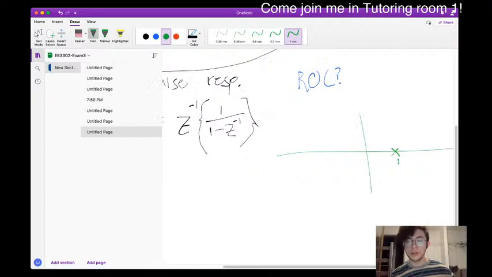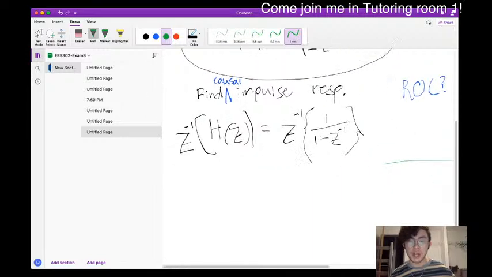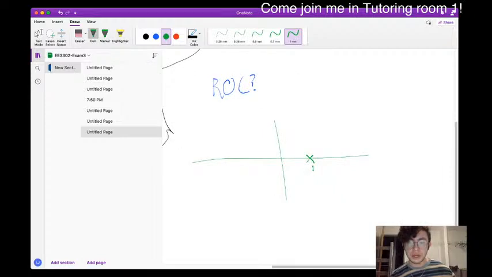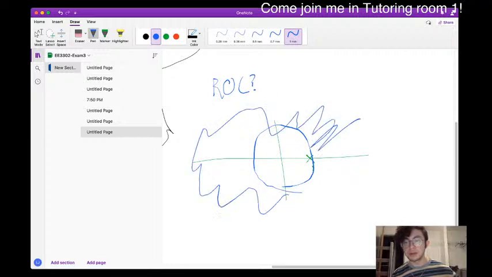So what is our region of convergence if we want a causal impulse response? If it's causal, then remember that we want to take the outside of some circle. So this would specify that we need a circle outside of 1. So everything outside of 1, that's our region of convergence.